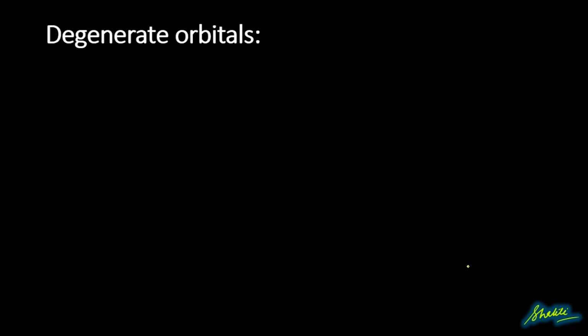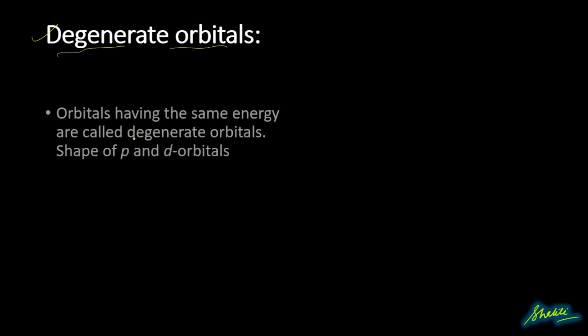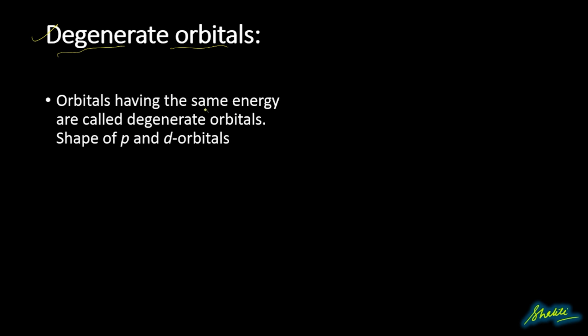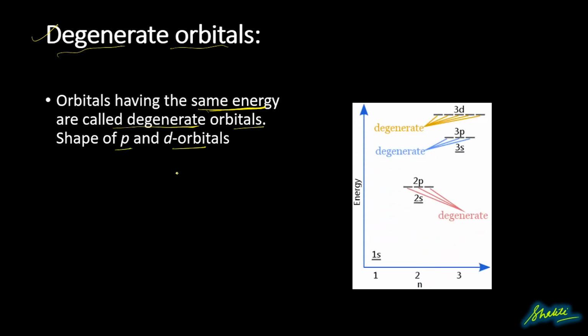So now degenerate orbitals. What are degenerate orbitals? The orbitals having the same energy are called degenerate orbitals, and the shapes of p and d orbitals are given. Here we can see 2px, 2py and 2pz. These are degenerate orbitals.